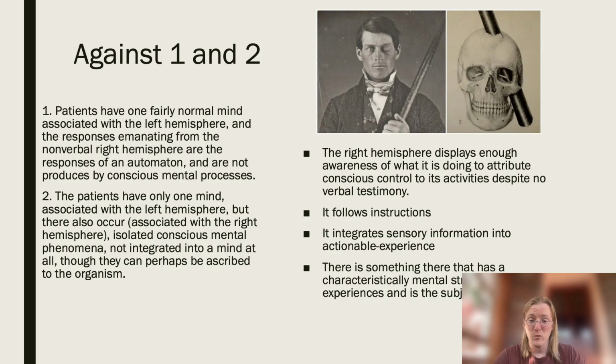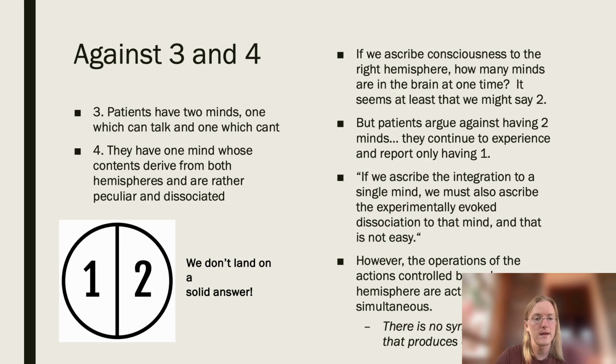It understands the word ring or the word key, and then it's able to grab a key. It can follow instructions. And there's something that has what seems to be a characteristically mental state about the subject that is the right hemisphere of the brain. It is able to produce action on the basis of sensory stimuli. Nagel also suggests that 3 and 4 are implausible.